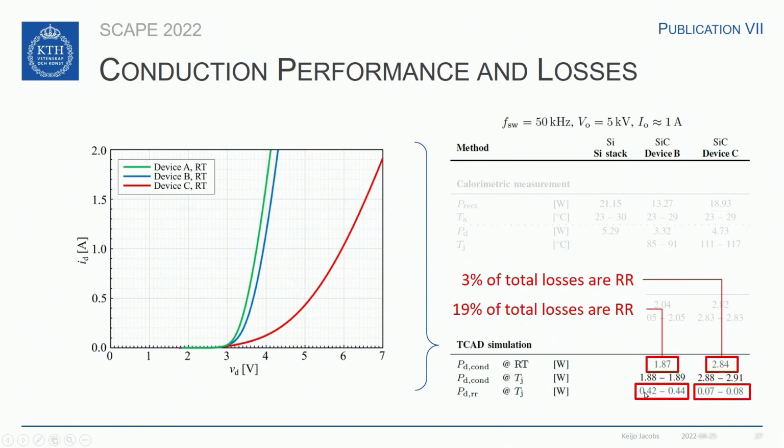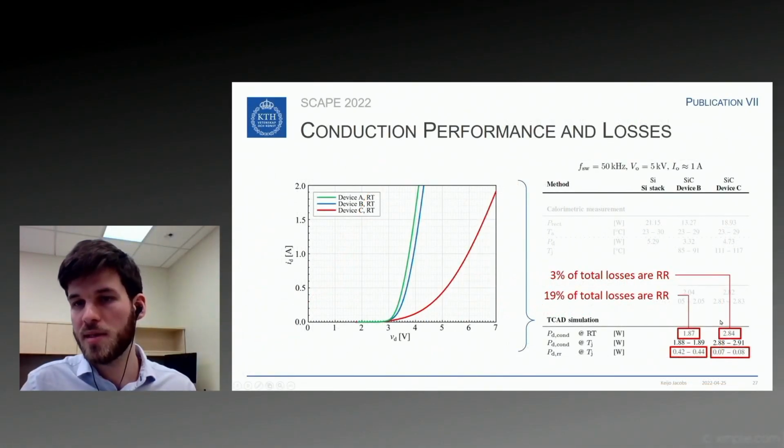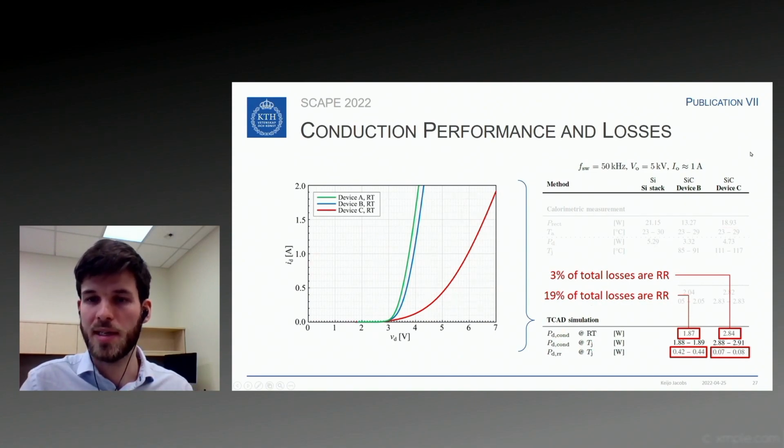You can see here that 19% of the total losses are reverse recovery losses for the conduction optimized device, at 0.4 watts, and 3% of the total losses are reverse recovery losses for the switching optimized device, at 0.08 watts. This indicates that the switching optimized device C could potentially be used for operation at much higher switching frequencies. However, we haven't tested that yet.